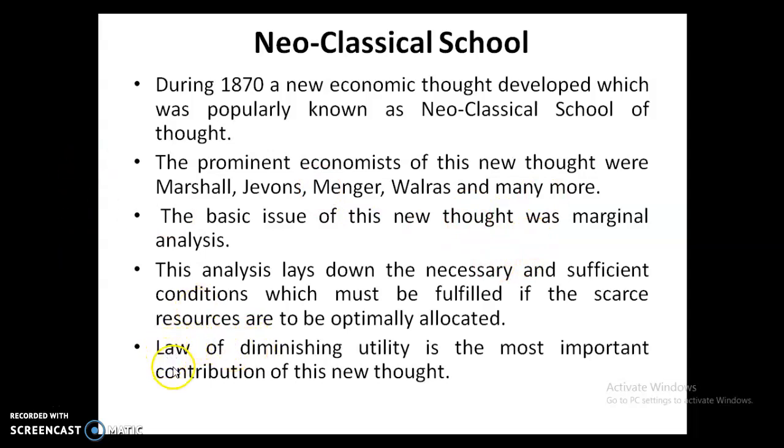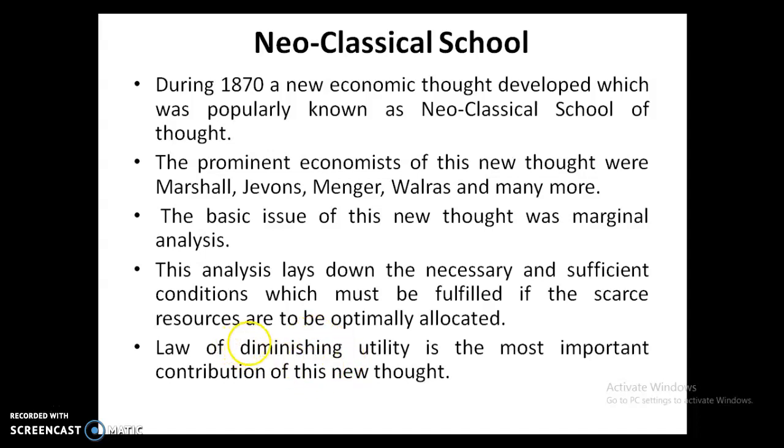Another concept developed by the neoclassical school is marginal utility, the law of marginal utility. You all know what utility is. Utility is the satisfying power of a commodity. Marginal utility is the additional utility from an additional unit of the commodity.